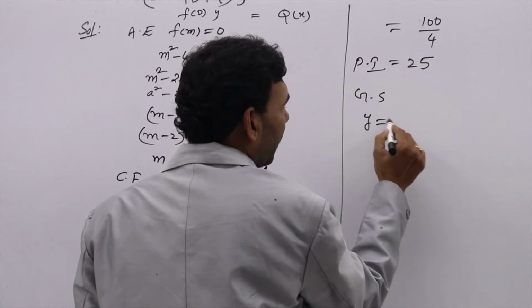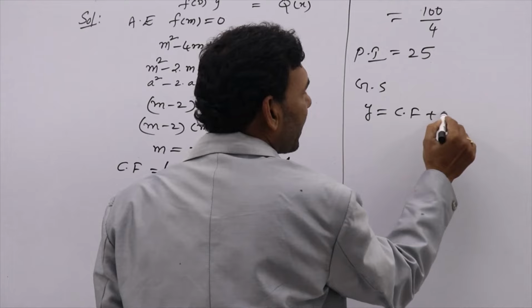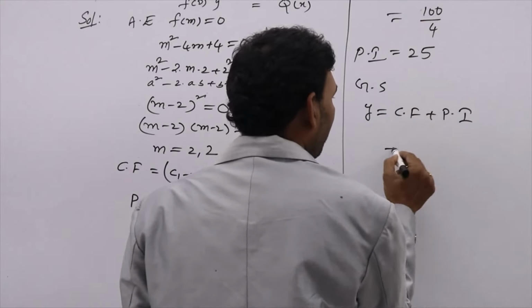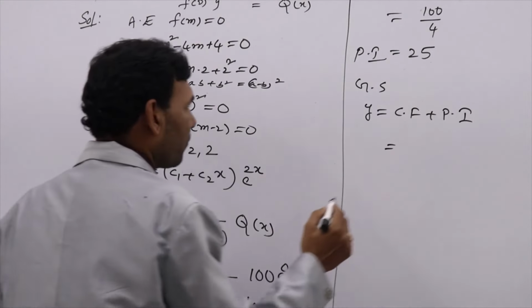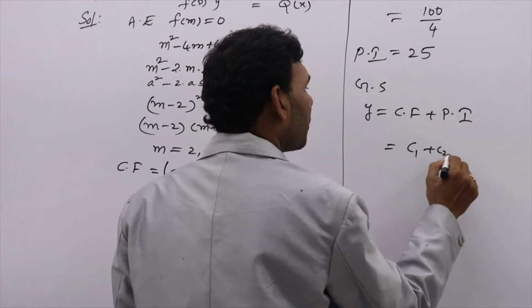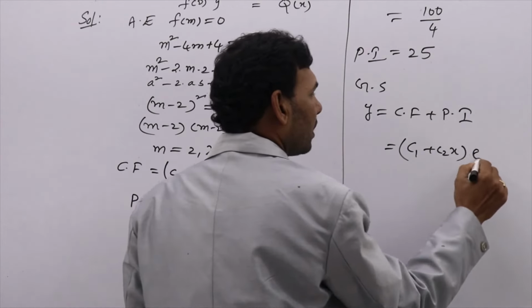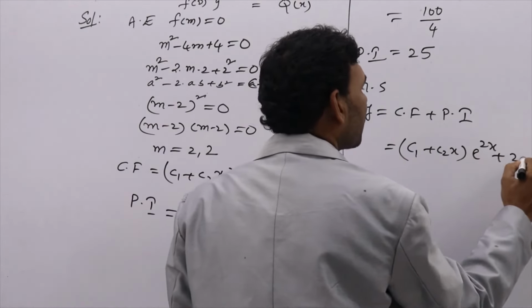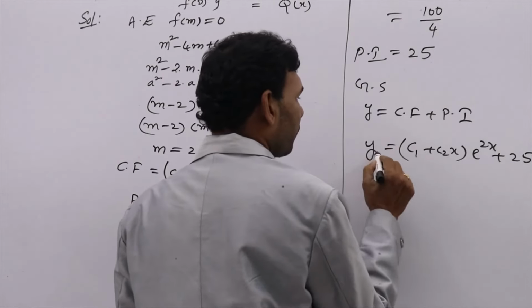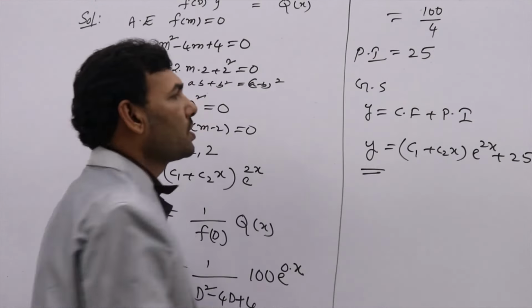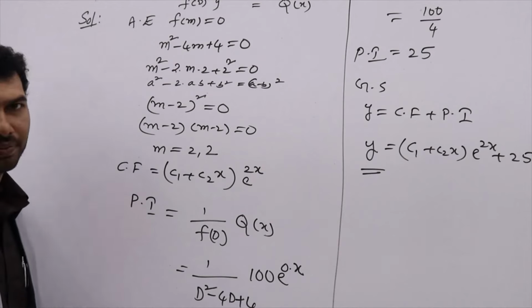General solution: y equal to complementary function plus particular integral. What is CF? C1 plus C2x into e power 2x plus 25. So this is the general solution of the given differential equation.